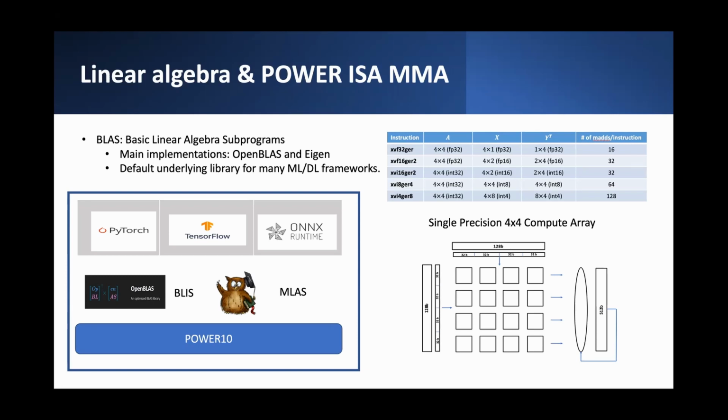The result is a 4x4 float32 array, and it will be stored in a data type called an accumulator. It's a vector quad type, a 512-bit register, and the accumulators are used to store the results of these matrix multiplications and for accumulating each and every multiplication operation.